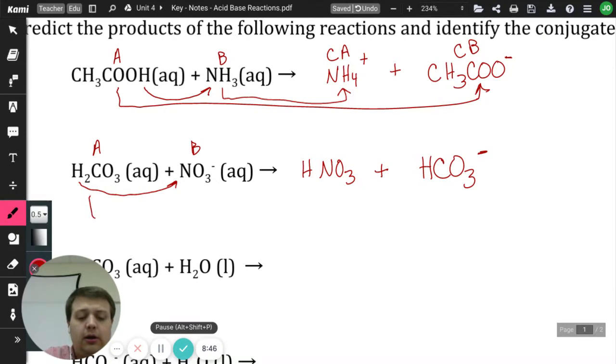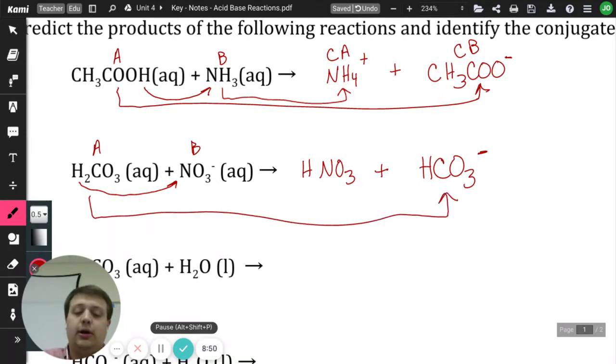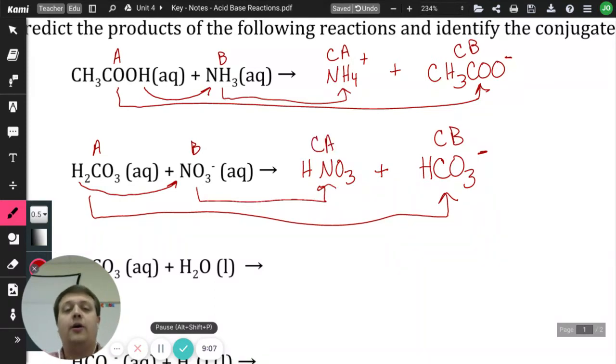So here, our H2CO3 turned into HCO3. So my acid is connected with the conjugate base there. We're going to connect it there so we can figure out what is the acid and what is the conjugate base. My base, we're going to connect to my conjugate acid.